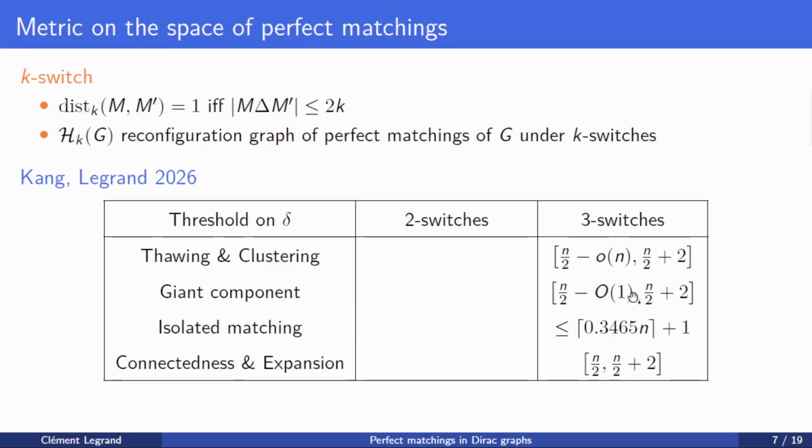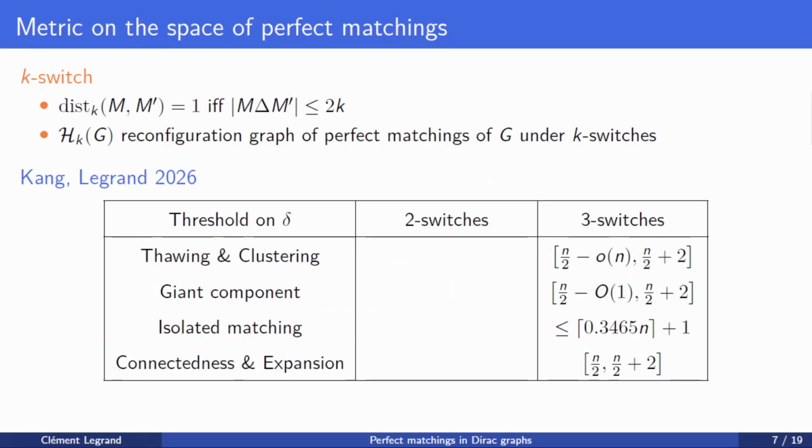So it's also a small window. This constant depends on the size of the switches you're doing. And then for thawing and clustering, it's n/2 minus something that is negligible compared to n. Okay, so everything is happening very close to n/2.